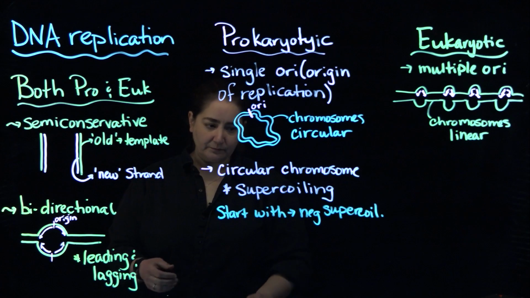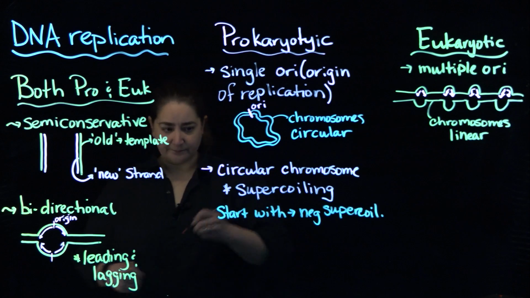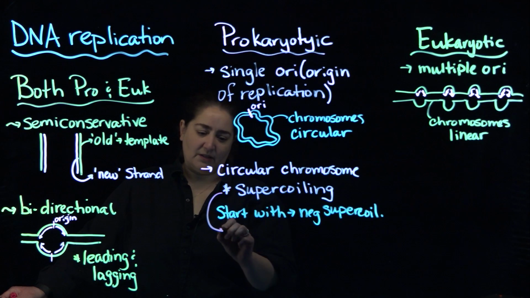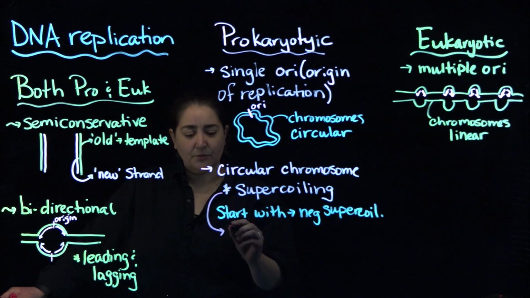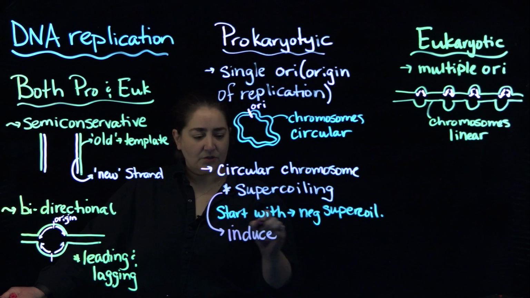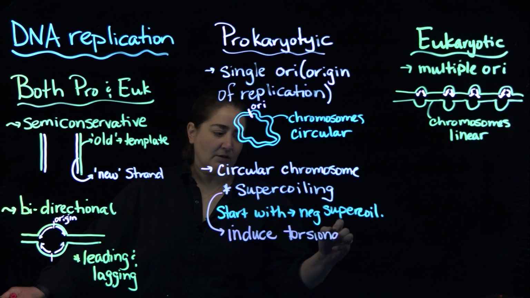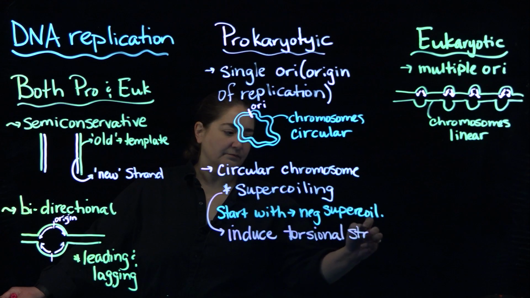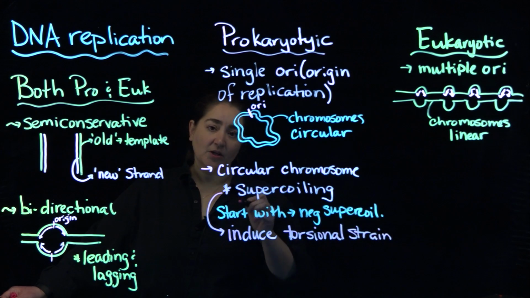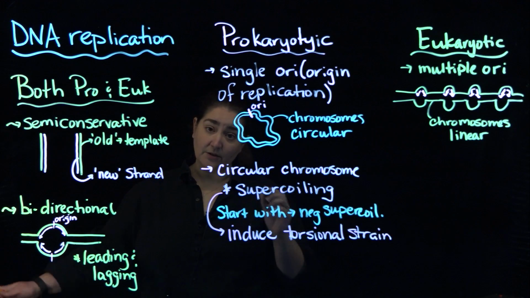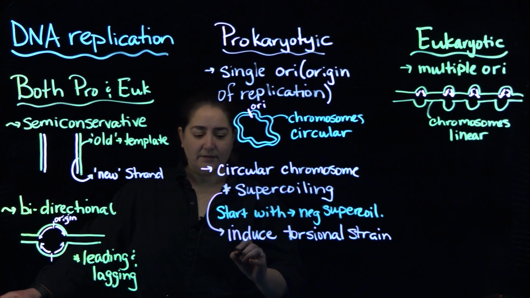So that supercoiling, probably should have done this a little bit differently, but that's okay, all right? The supercoiling is going to induce torsional strain on the DNA molecule. So what happens is the bacterial cell has a way to deal with that.